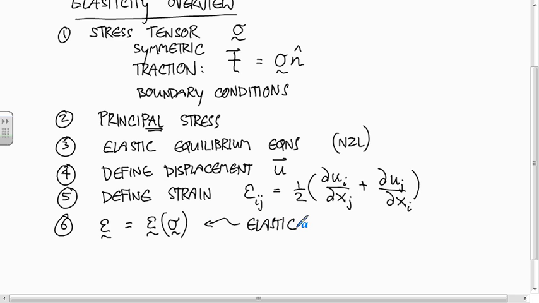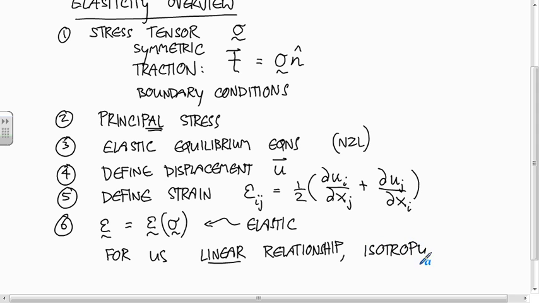And we're going to be dealing with cases, so for us, we're going to get to simplify this a little more because we're going to have a linear relationship between these two. And we're also going to have a property called isotropy, and we'll see how that simplifies the math too.